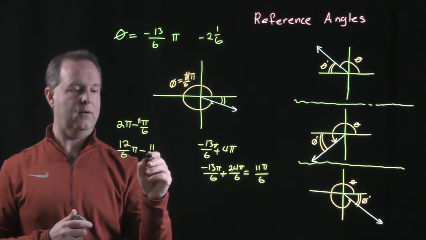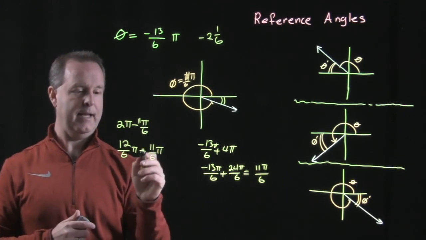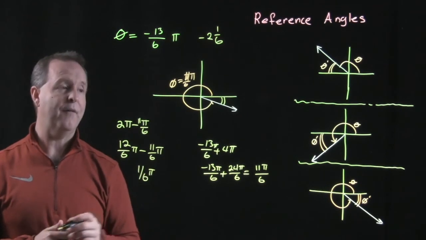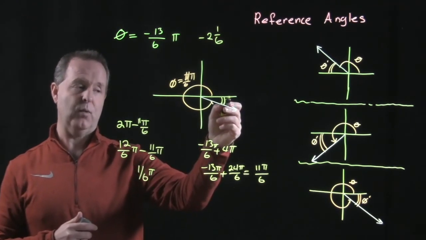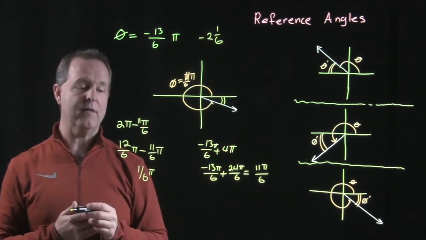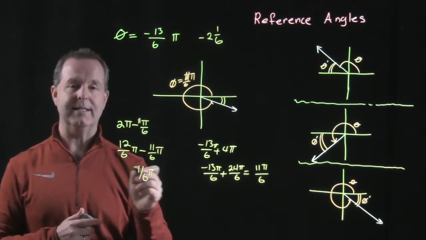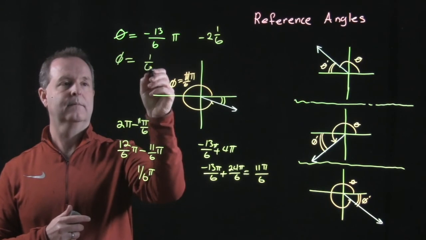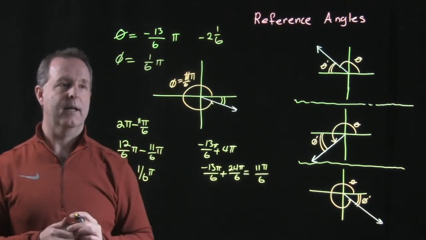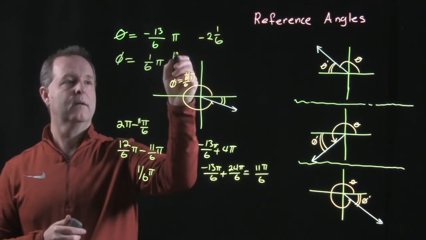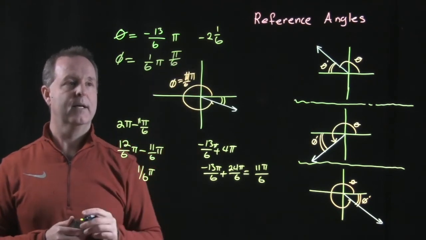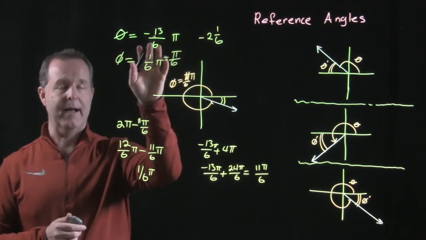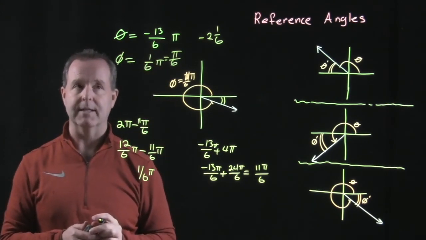Take away 11/6 pi, and I'm left with 1/6 pi. So my reference angle, the absolute value of this measurement right here, is 1/6 pi. And so 1/6 pi, or pi over 6, would then become my reference angle for my initial angle of negative 13/6 pi.